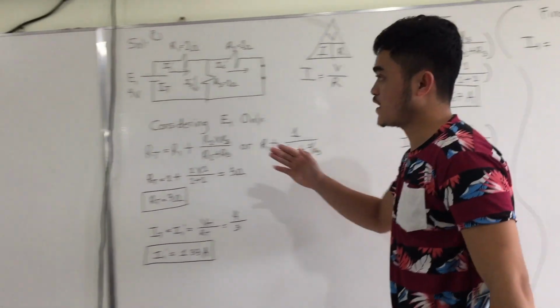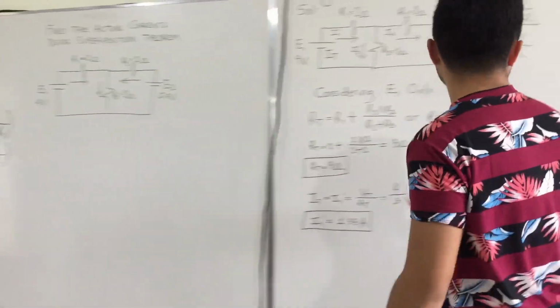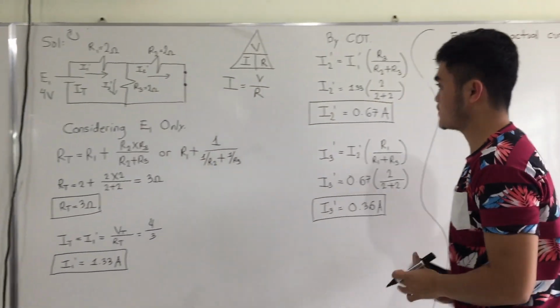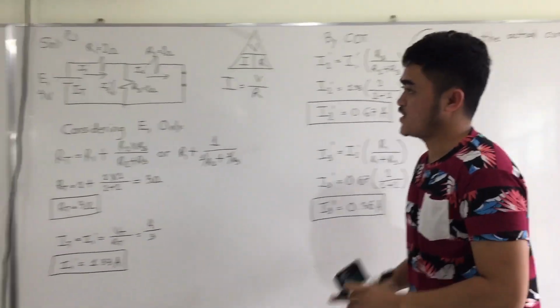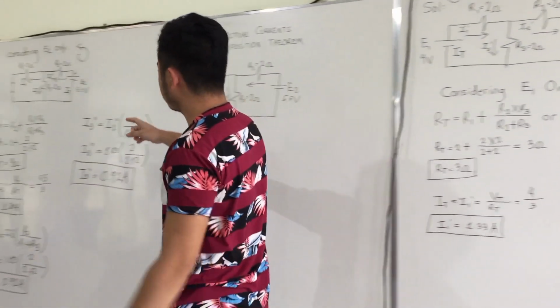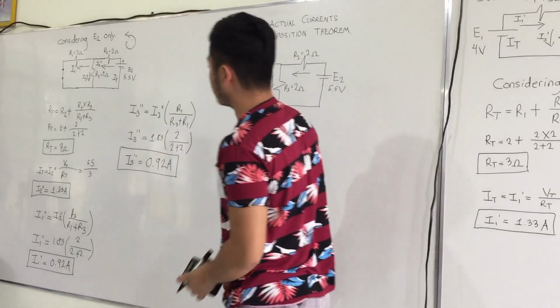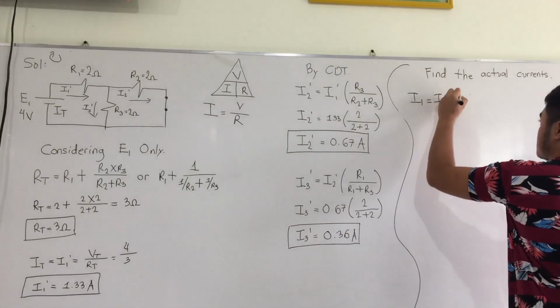So I sub 1, the original direction of our I sub 1 is going to the right, that is clockwise direction, and our I sub 1 prime is going to the right also, so that is positive I sub 1 prime. And our I sub 1 double prime naman is going to the left, that is counterclockwise. So pasalungat siya, that is negative I sub 1 double prime.